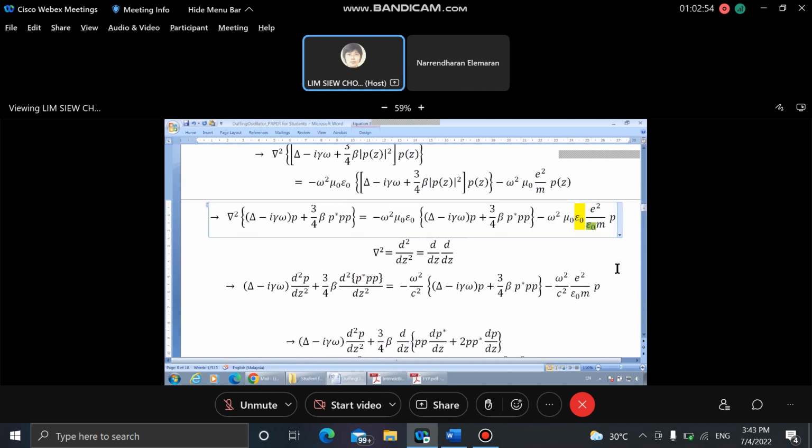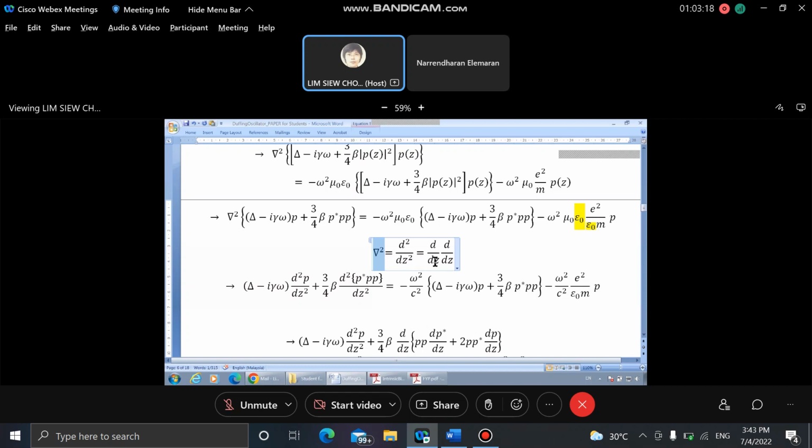And the del square: because we consider only one dimension, the paper considers only one dimension. It's not 3 dimensions as in our perturbation work. Our perturbation, we play with 3 dimensions, but in this article, he plays only with 1 dimension.